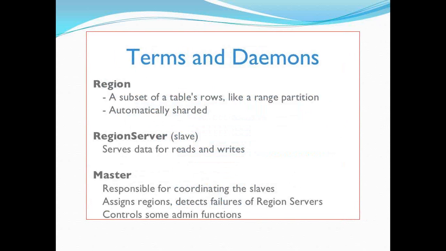Some of the common terms and daemons that run as part of Hbase: what Hadoop calls slave servers or slave processes, Hbase terms regions. It creates a subset of your table's rows at a partition level, and that's what it calls individual regions.